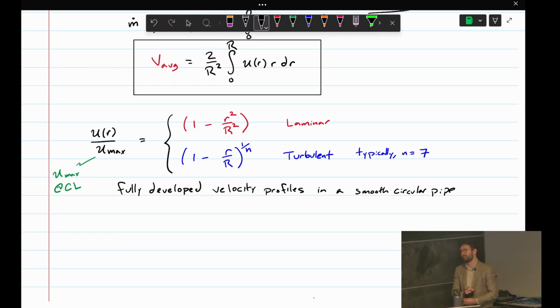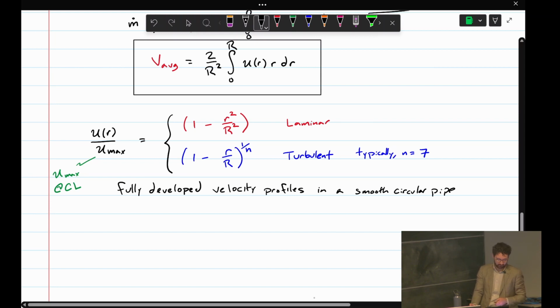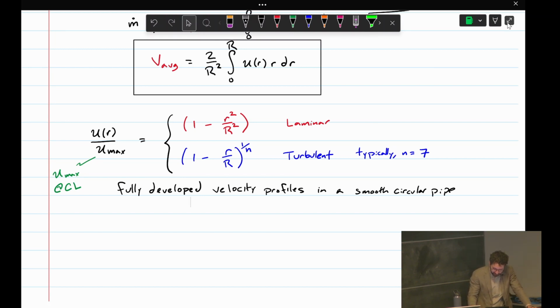So you might notice there's no dependence on where we are along the pipe in this velocity profile. That's what the fully developed thing means, and I'll talk about that later in the lecture. But these are basically some velocity profiles in a pipe. So I'm going to show you what these look like, and then maybe I'll take some questions about these velocity profiles.